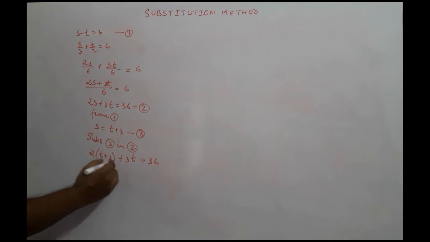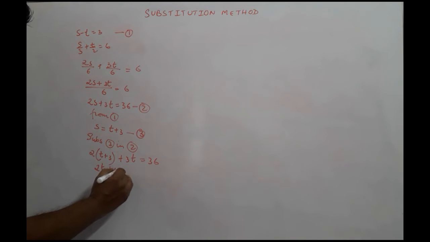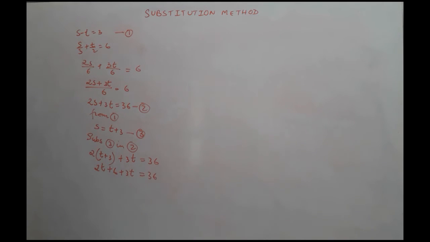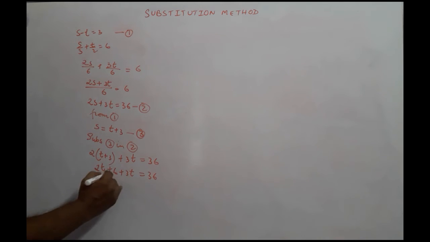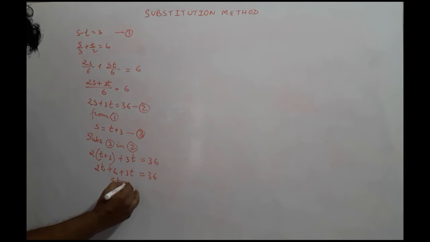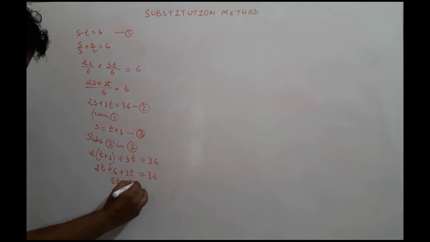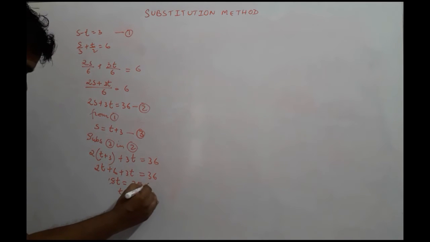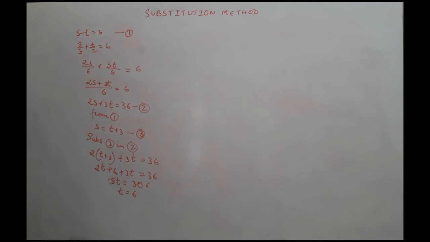Now we open the bracket. 2 into t is 2t, 2 into 3 is 6, plus 3t equal to 36. 2t plus 3t gives us 5t. 6 goes on the other side, becomes negative. 36 minus 6 gives us 30. And 5 divides, 5 ones are 5, 5 6s are 30. t is equal to 6.